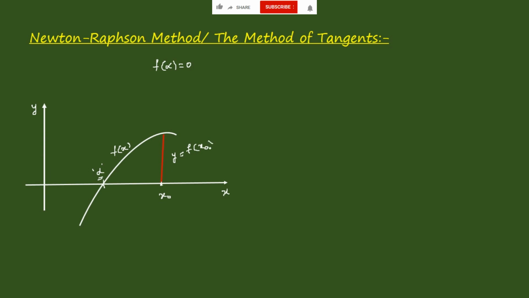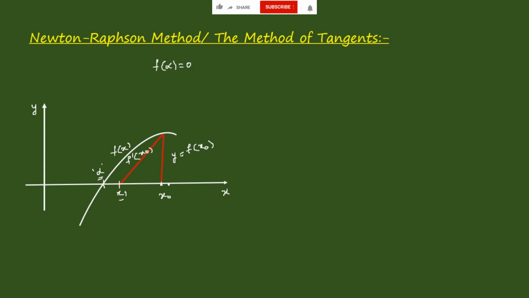Now if you consider the slope of it, it is nothing but f dash of x0. Then we get a point here as x1, which is very near to alpha. Now we have to find the value of x1.